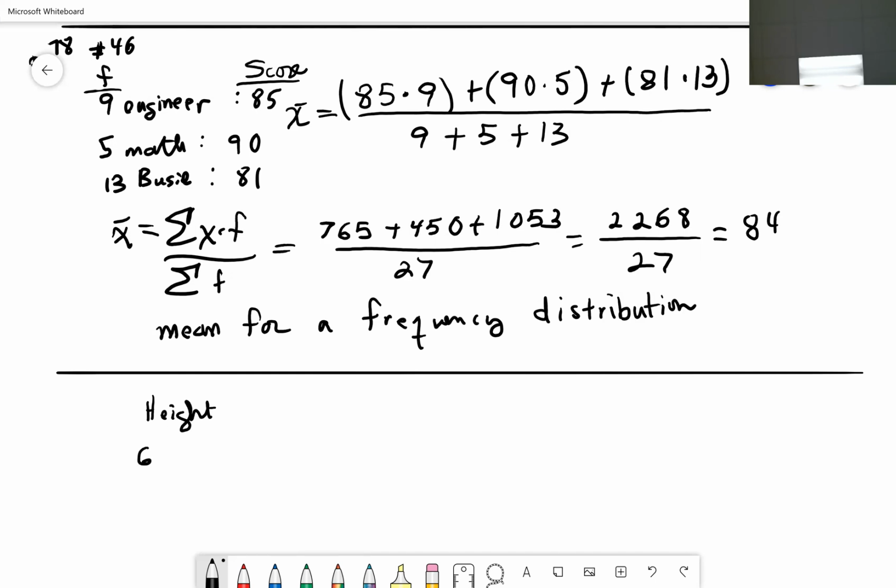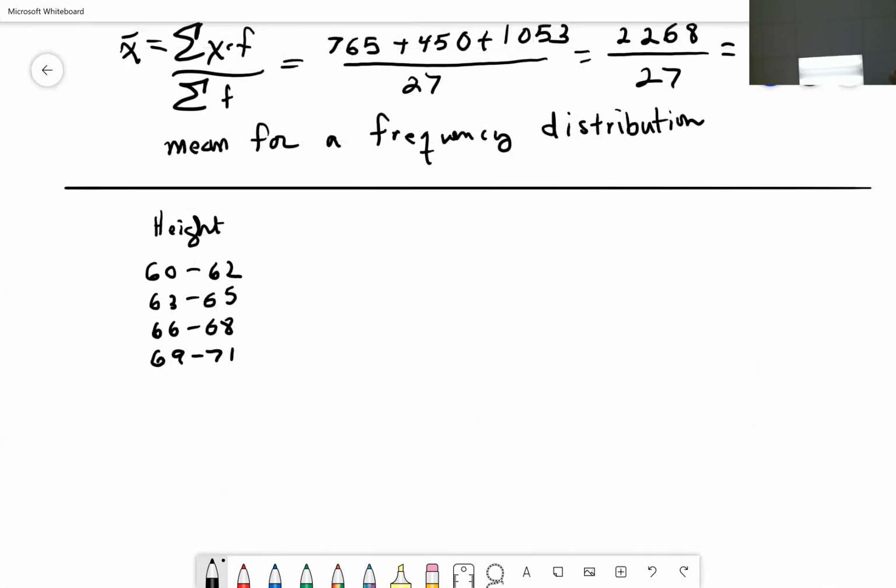Then you have 60 to 62, 63 to 65, 66 to 68, and 69 to 71. And the frequency here is 4, 5, 8, and 1.